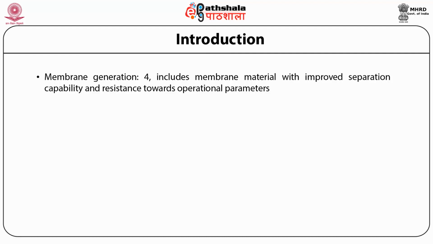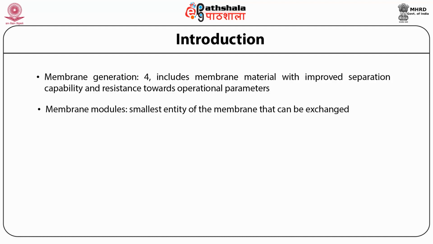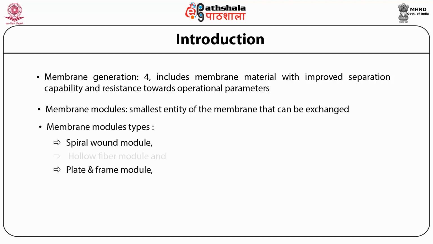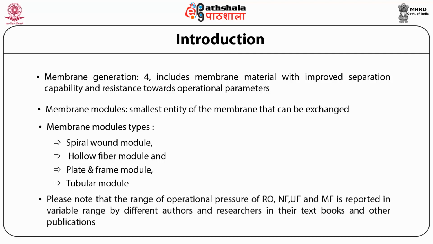Further, these membrane materials can be fixed into different membrane modules or elements, defined as the smallest entity of the membrane that can be exchanged. This is the definition of the membrane module. These are normally given by four names: plate and frame, spiral wound, hollow fiber, and tubular, to accomplish the desired separation task. Each membrane module can be used in one or more than one membrane process like RO, NF, UF, and MF.